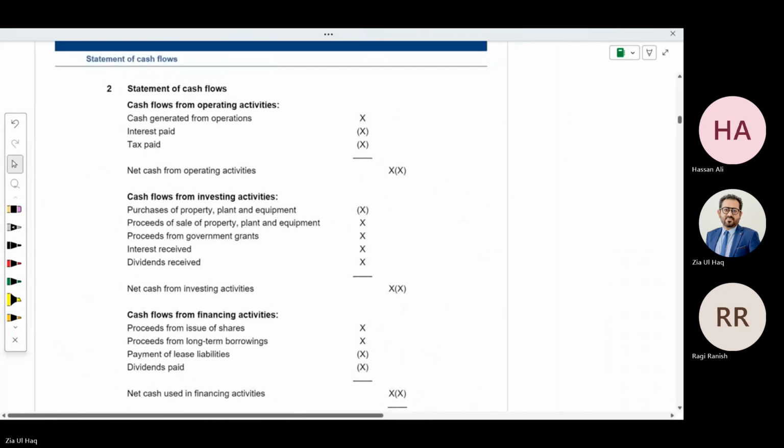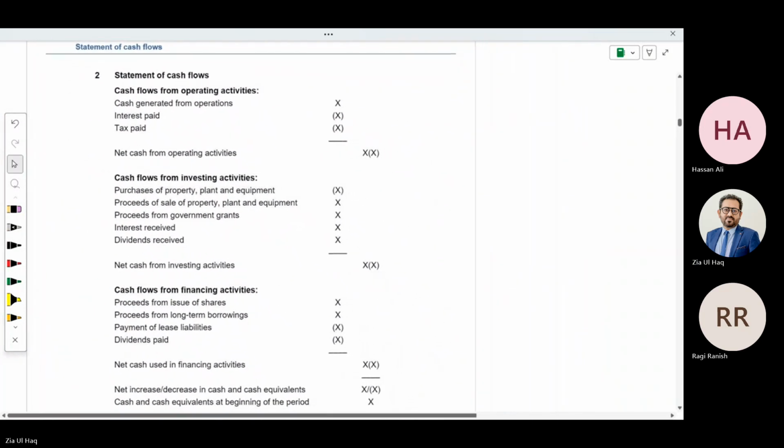This statement of cash flow: first, we need to calculate cash flow from operating activities. Then we need to calculate cash flow from investing activities. Then we need to calculate cash flow from financing activities.